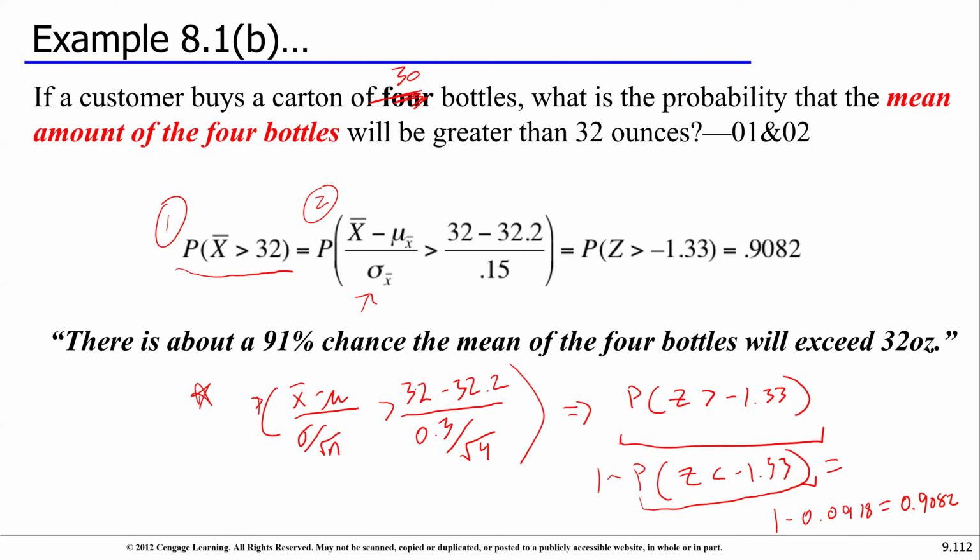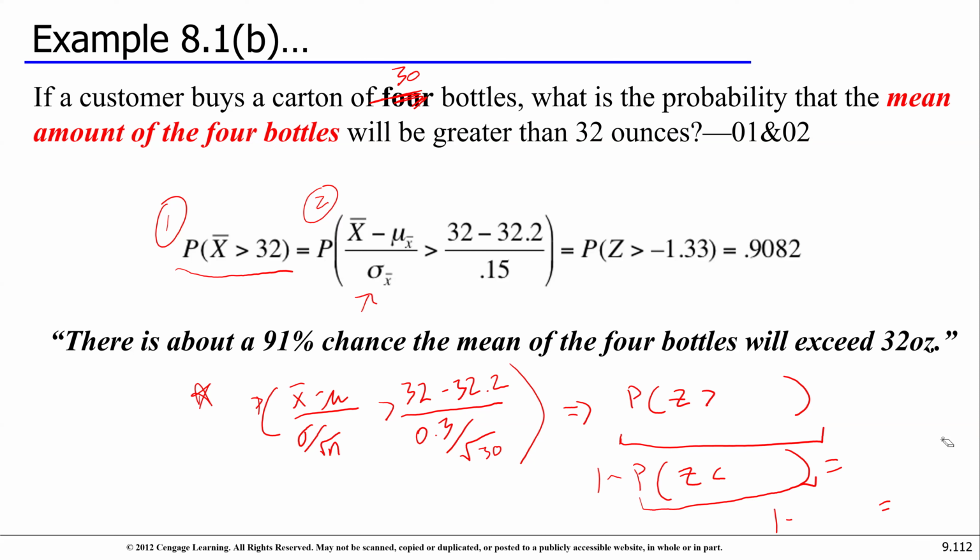So as I change that to 30, the only thing changing in my entire problem is this portion right down here. That would change your Z, that would change this, that would change this, and that would change this.